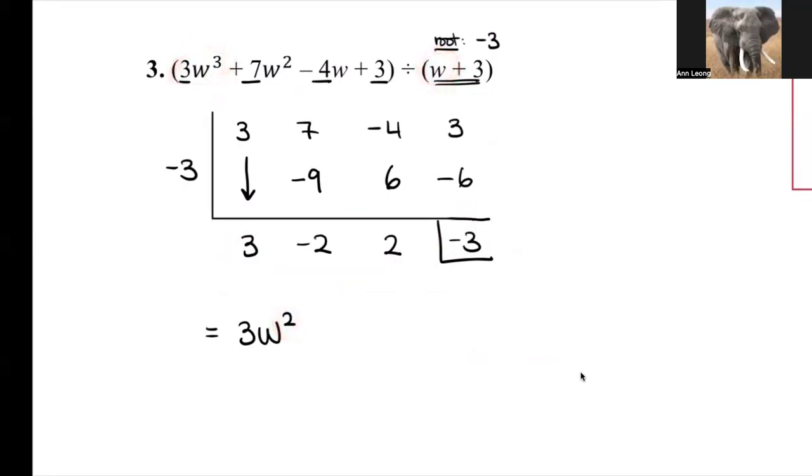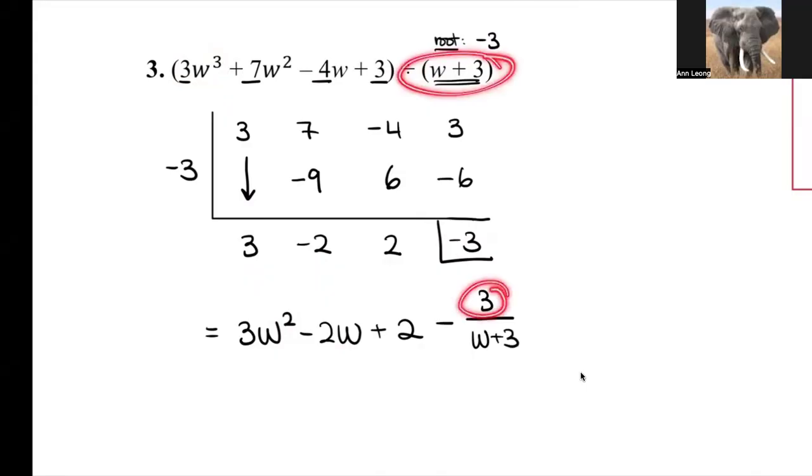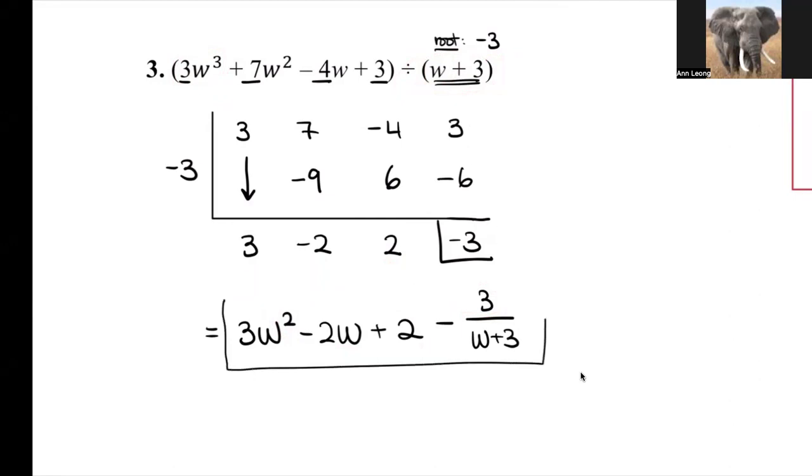So 3w squared minus 2w plus 2. I'm just bringing these down as my coefficients, and they walk down 1 degree. Then my remainder is -3. I put that over my original divisor, and that is my final answer.